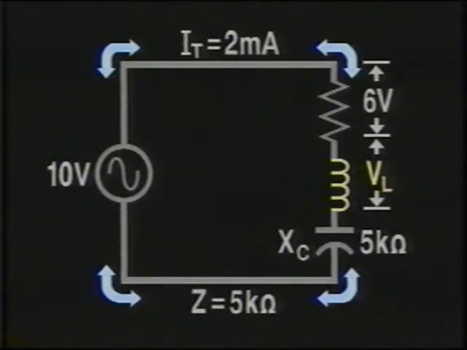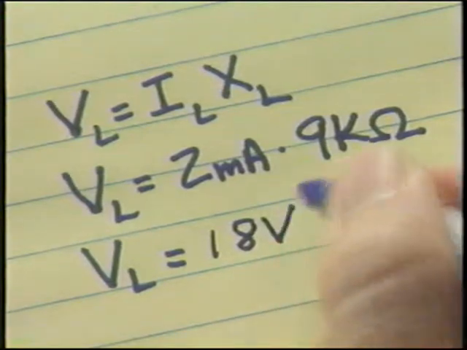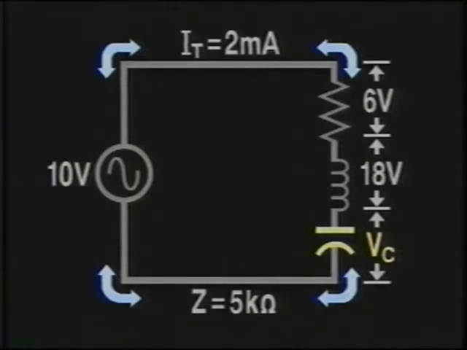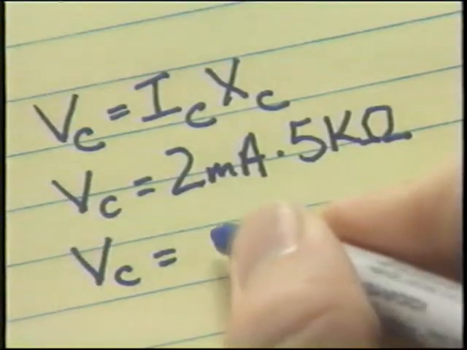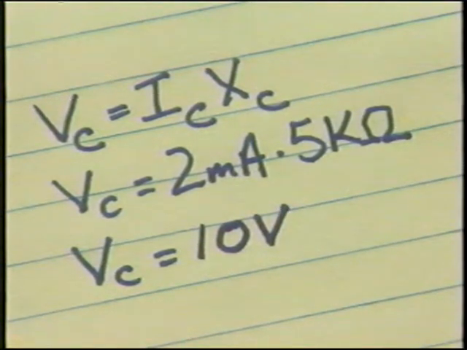Using Ohm's law to calculate the inductive voltage yields 2 milliamps times 9 kiloohms, or 18 volts AC. Finally, using Ohm's law, the AC voltage across the capacitor is 2 milliamps times 5 kiloohms, or 10 volts AC.